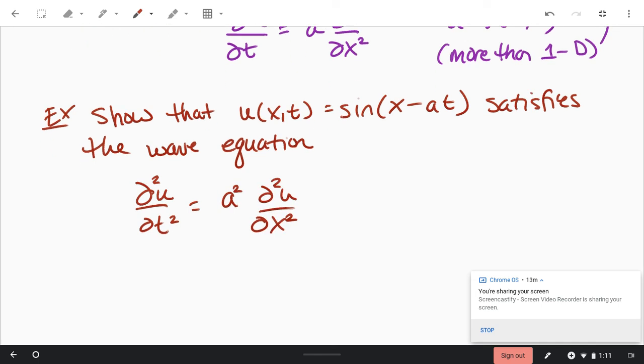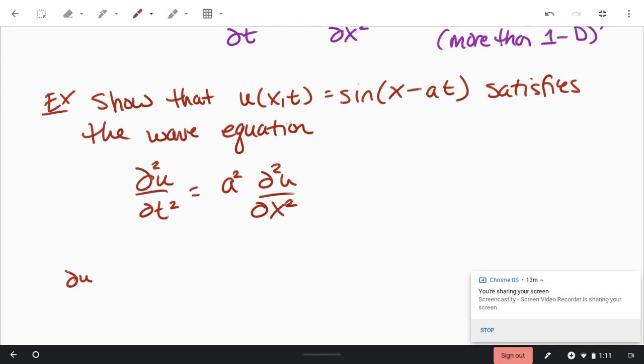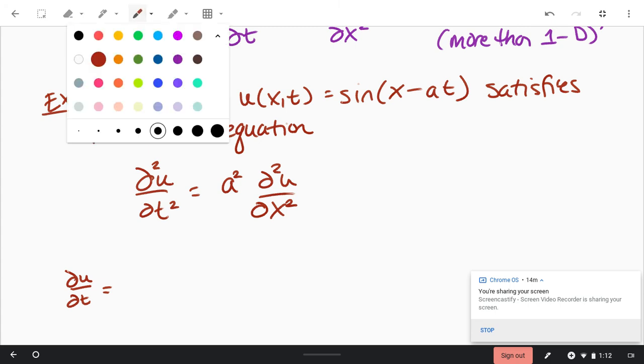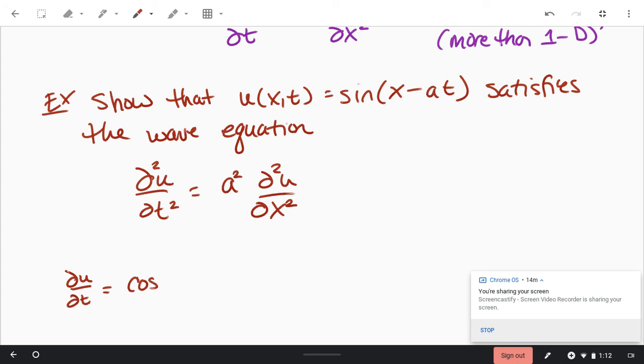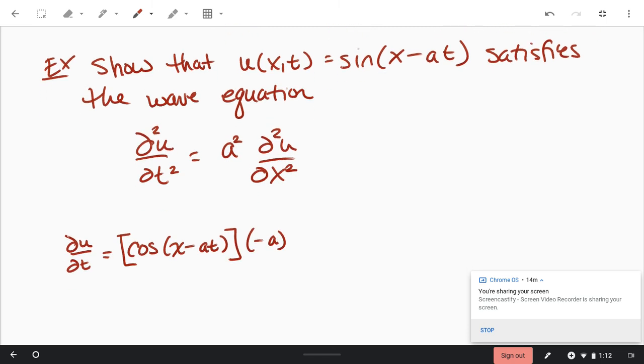Okay, so du/dt, the derivative of our function with respect to t, would be, derivative of sine, so it would be the cosine of (x minus at), and that whole thing times negative a. Okay, so with your chain rule.